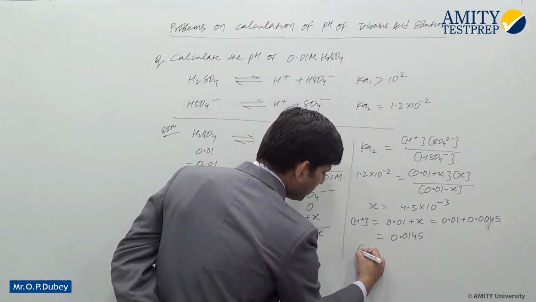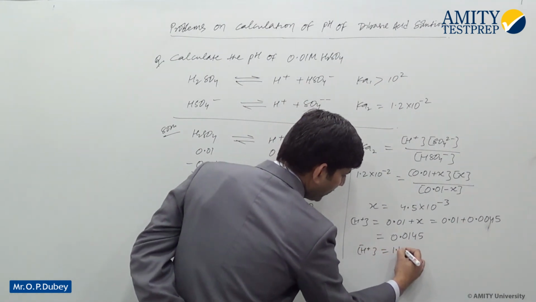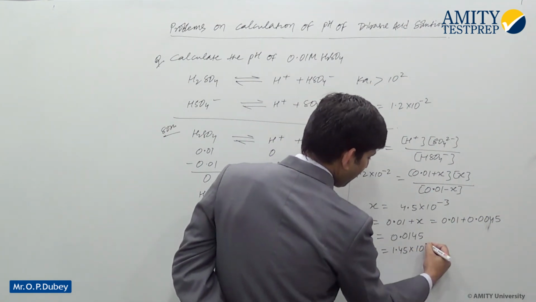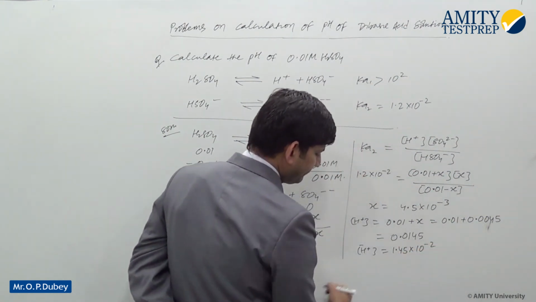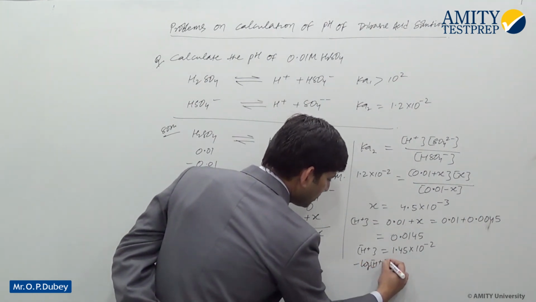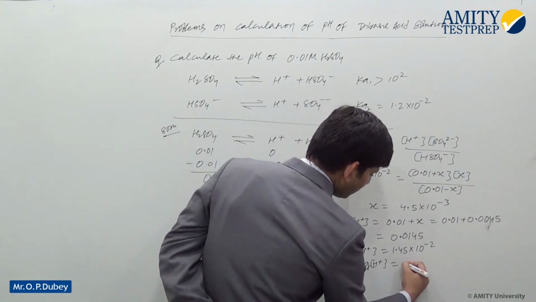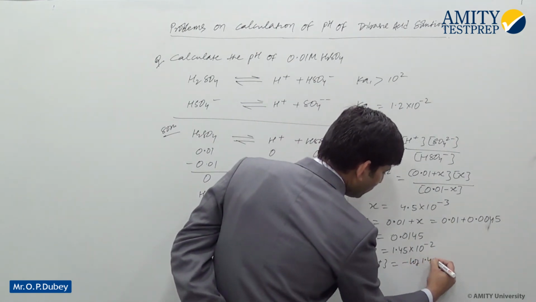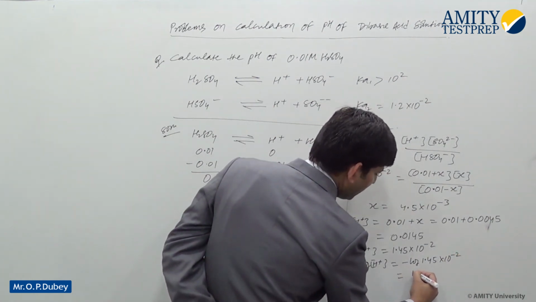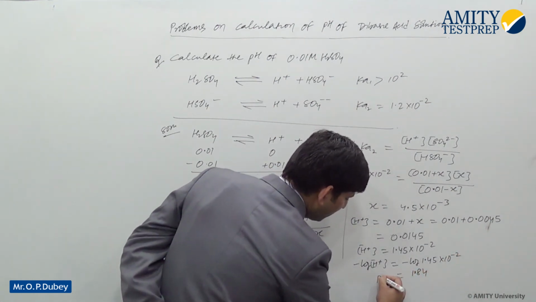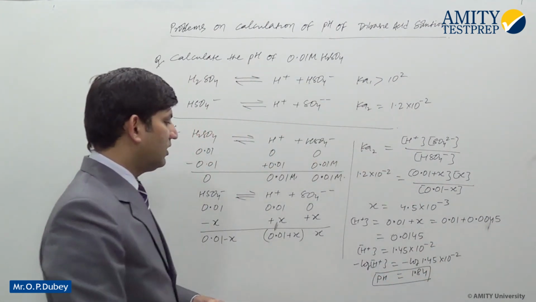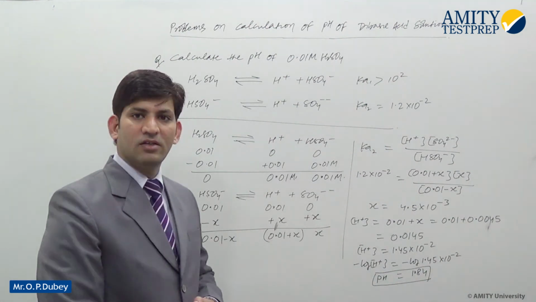Now the H plus ion concentration becomes 1.45 multiplied by 10 raised to the power minus 2. Taking minus log of the H plus ion concentration on both sides, which is the expression of pH, minus log 1.45 multiplied by 10 raised to minus 2 comes approximately 1.84. The pH of this 0.01 M H2SO4 solution is 1.84.